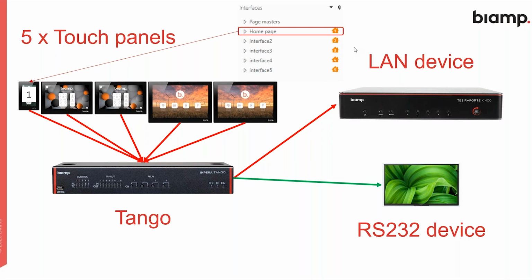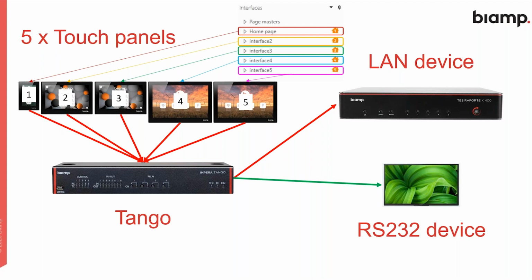So inside your touch panels, you firstly select the IP address of the controller, the Tango in this case, but you then also select in a submenu which interface number you will be looking at from that touch panel. So this is going to be 1 through 5. So in that way, you can have 5 different touch panels, all looking at different user interfaces, but all hosted on one Tango. So that's really smart.